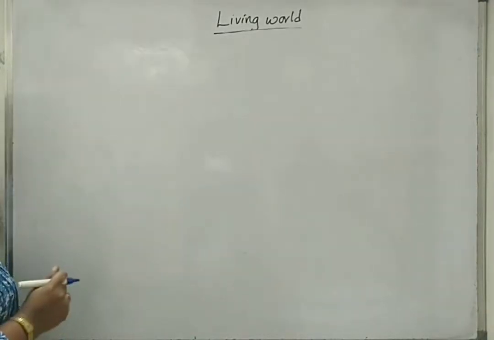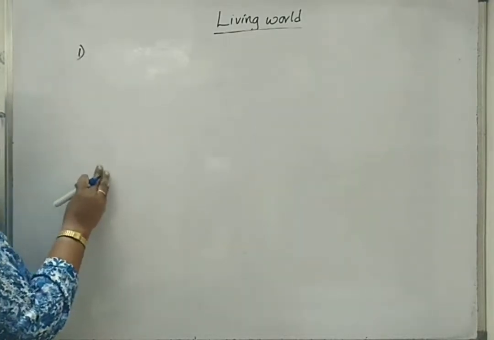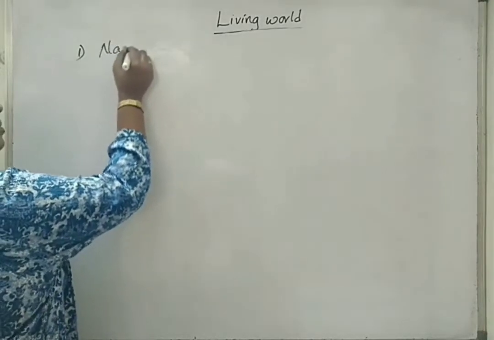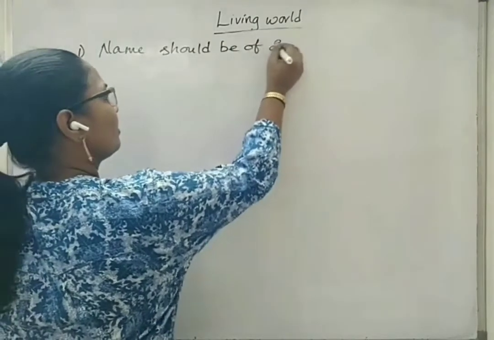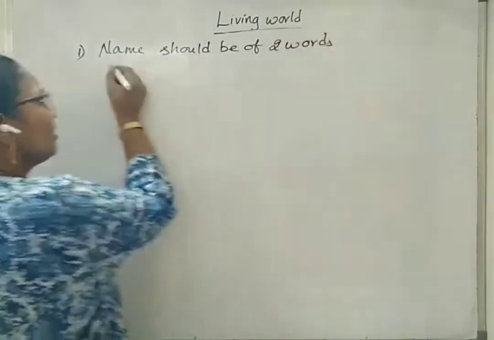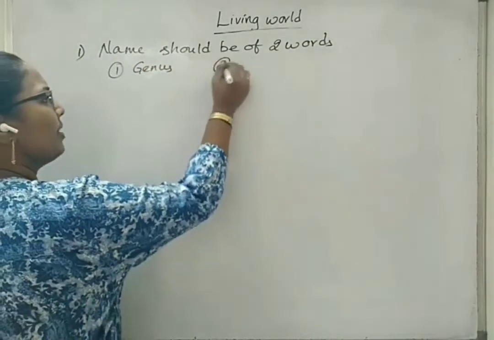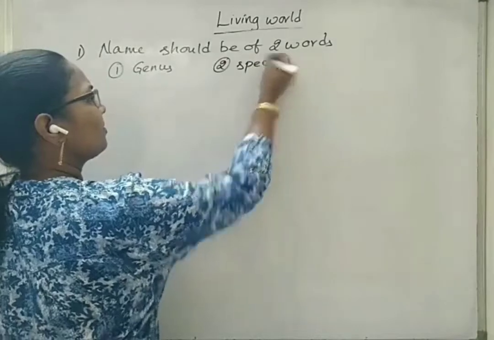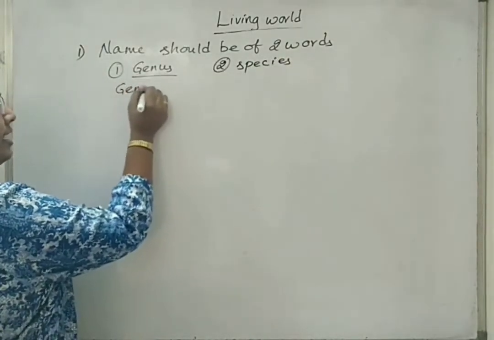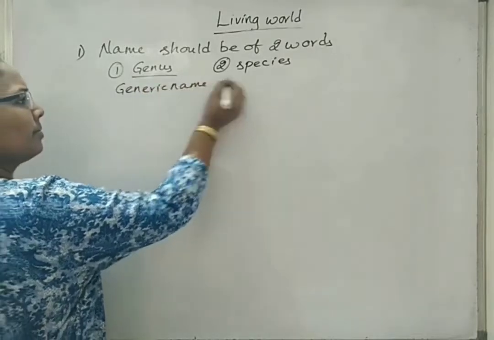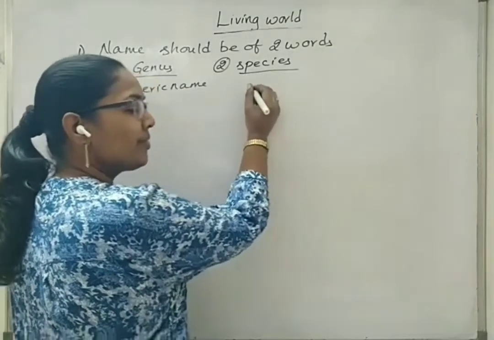What are the rules? If you see one by one, first rule is the name should be of two words. First word should be genus. Second one should be species. We use a term for this as generic name. For this one, we also use the term species name or specific epithet.